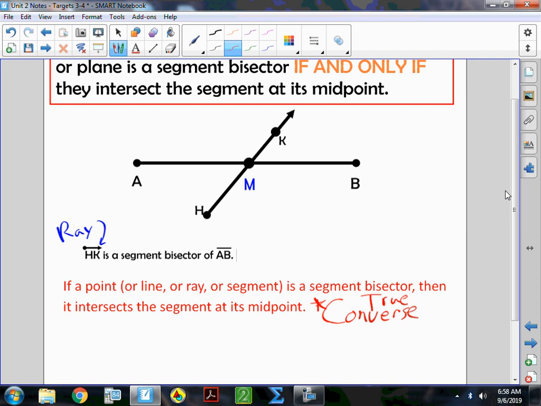If I know that it's a bisector, I know it goes through a midpoint. If we know that it's a midpoint, then what? Well, then we know that it splits the segment into two congruent parts. So we're going to use a segment bisector and definition of midpoint to do problems.